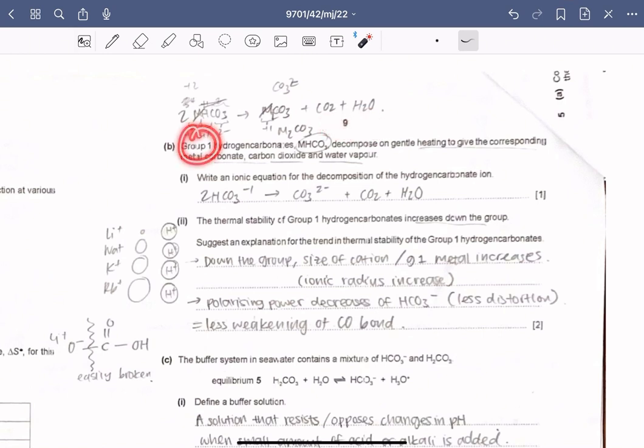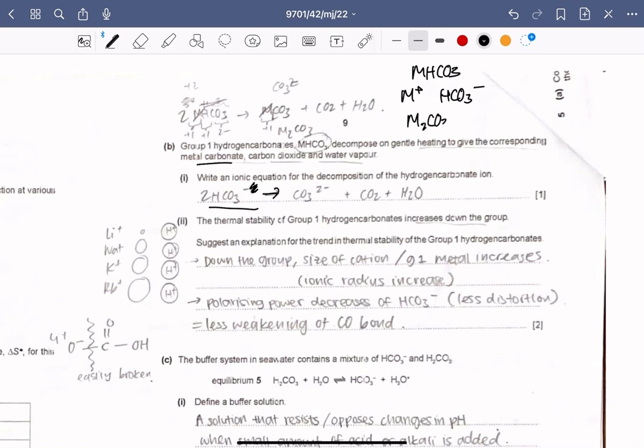M is a group 1 metal, which has a charge of +1. So MHCO3 is M+ and HCO3-. So HCO3-, I don't need to write the M+, forms metal carbonate M2CO3, which I have split into 2M+ and CO3 2-. So I only write CO3 2- plus carbon dioxide plus H2O.